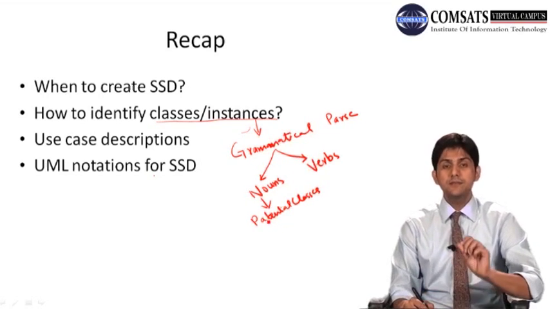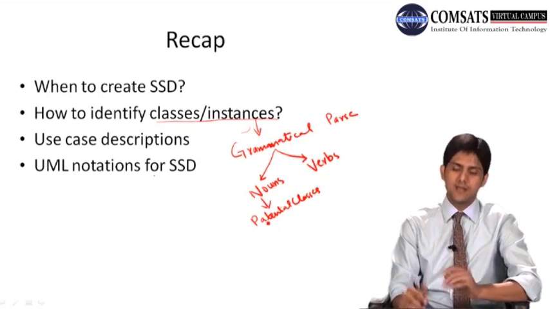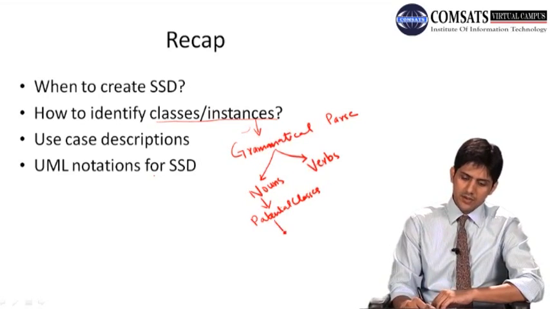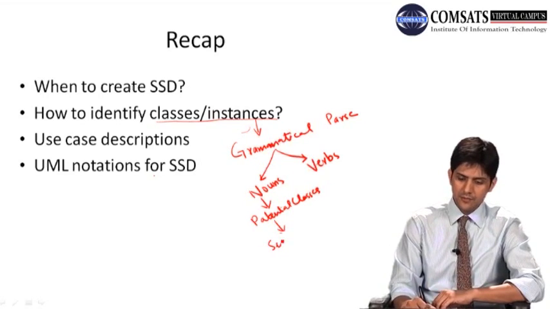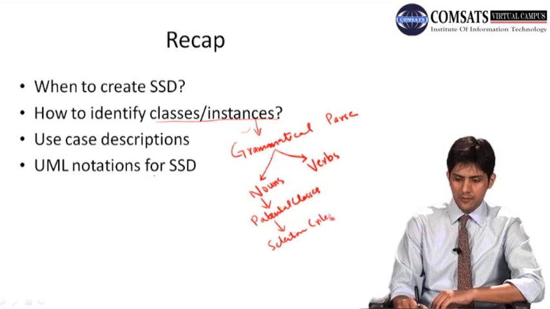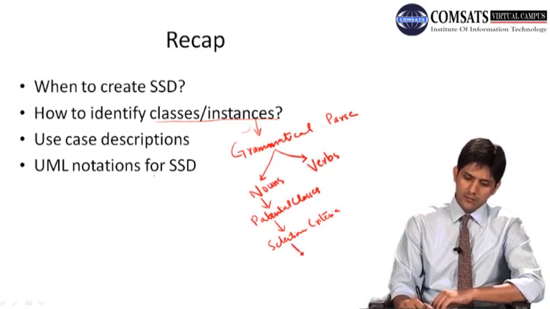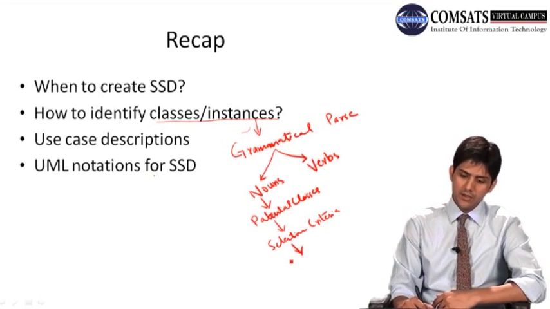Why do we call them potential classes? Once again, because not all nouns can be classes. So we need a selection criteria, we apply that criteria, and then we end up with classes for our system.